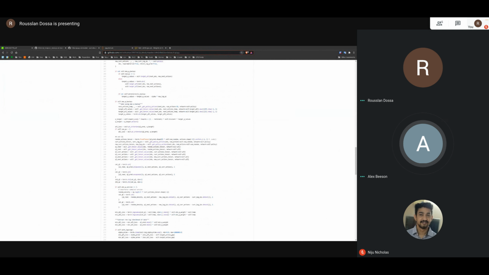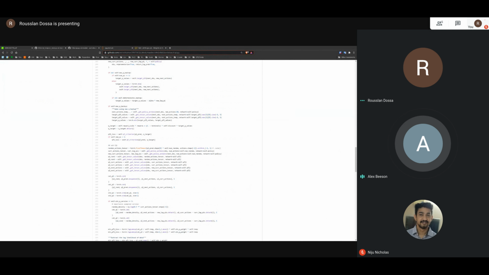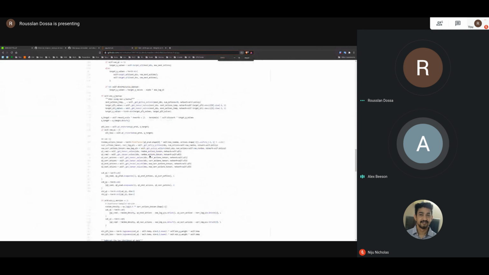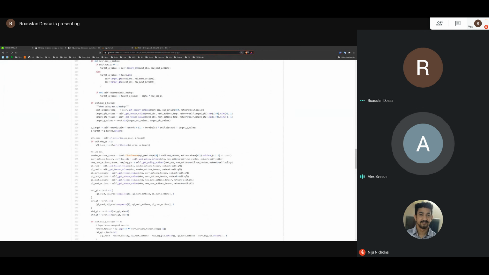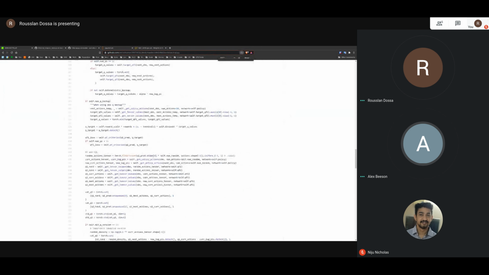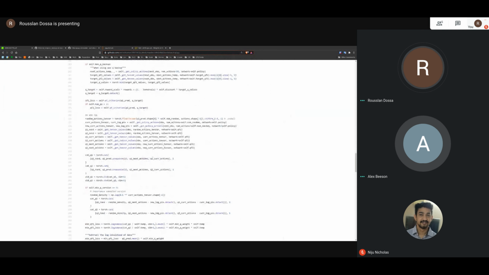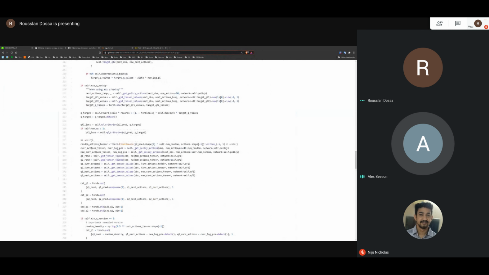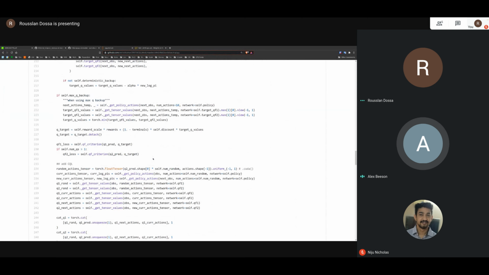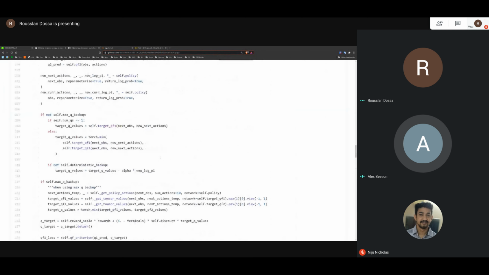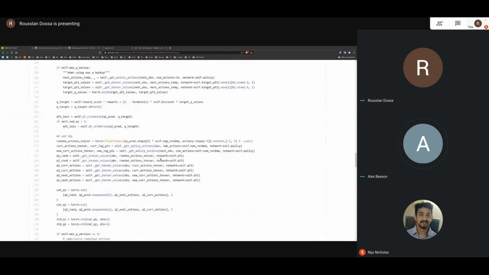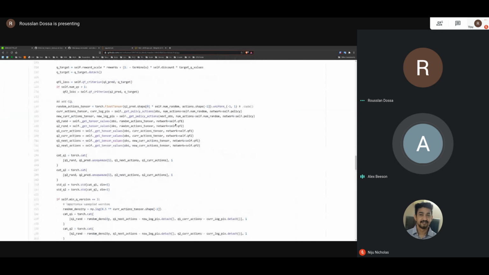But for simplicity, just so I could make a start and then make it more complicated, I just ignored the importance sampling bit. And all I do is sample actions from my current policy, take the log of the sum of the exponents of the Q values. And that seems to work relatively well, surprisingly. I'm going to share my code later. It kind of seems to give all right results.